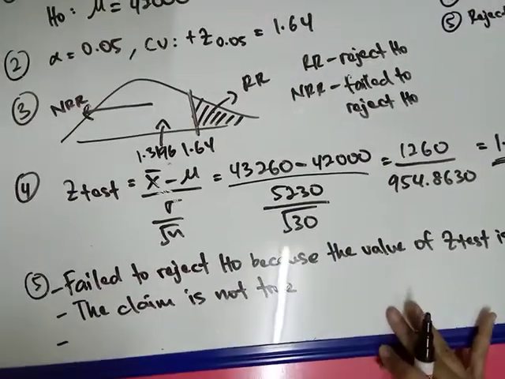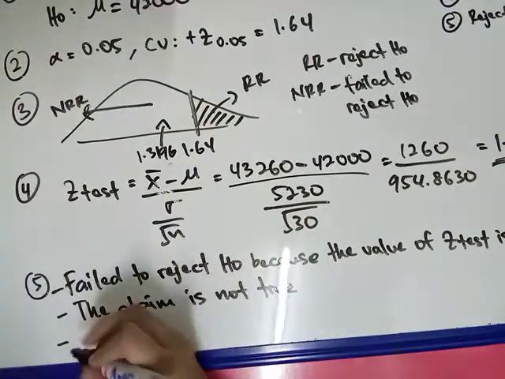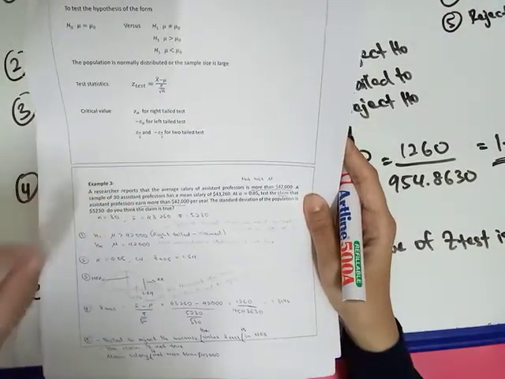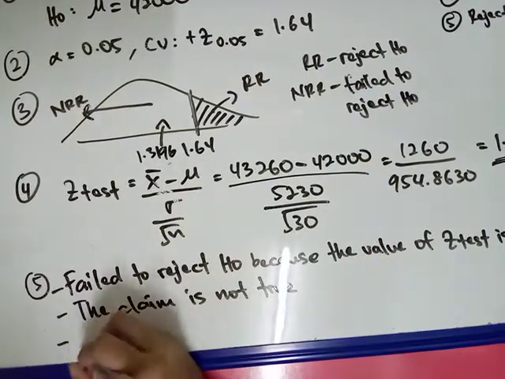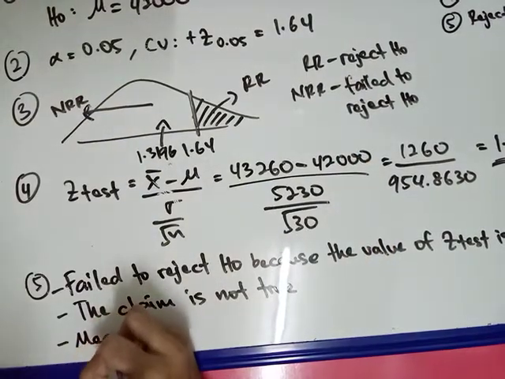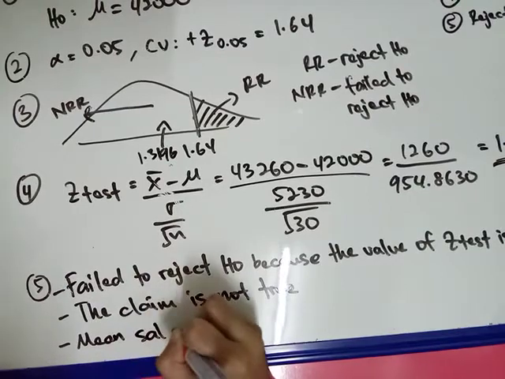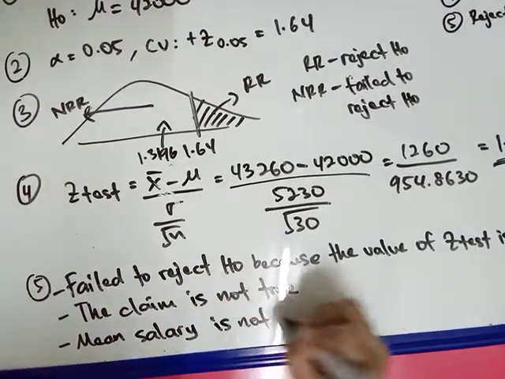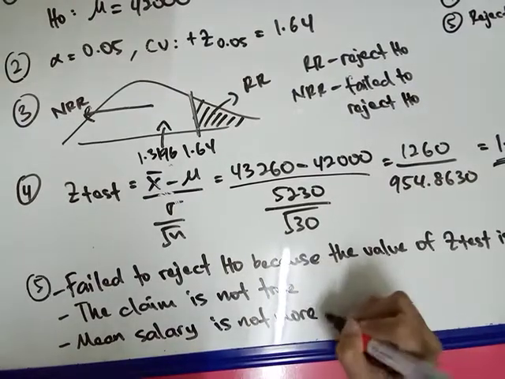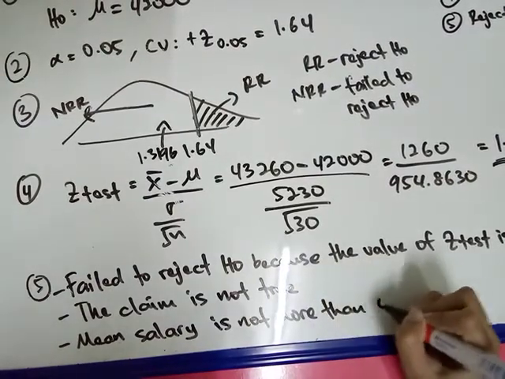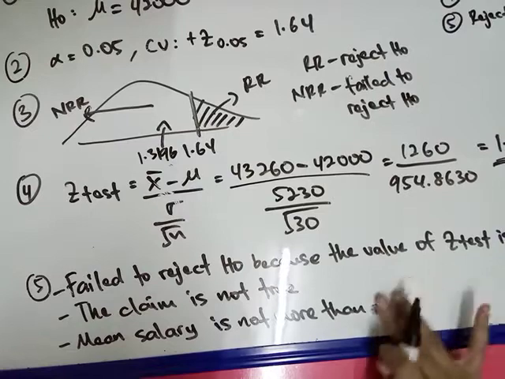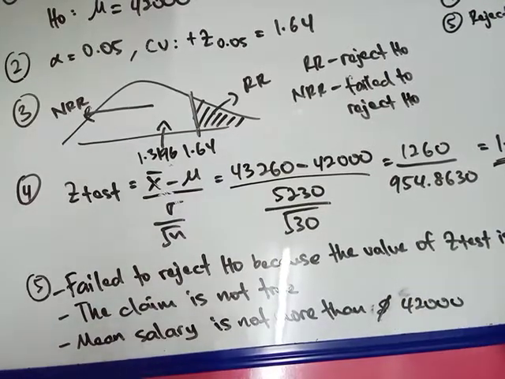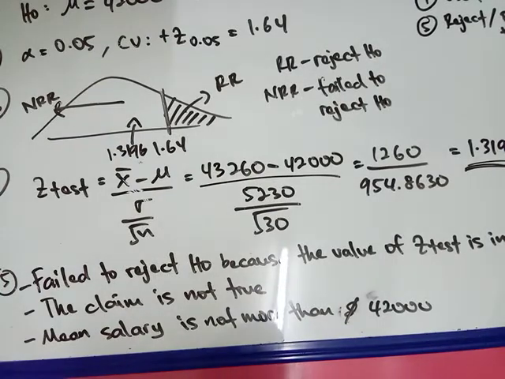Okay, third conclusion is you have to state that disebabkan dia statement ni is about the mean salary, right? So we can conclude mean salary is not more than 42,000. Okay, it's not more than 42,000.